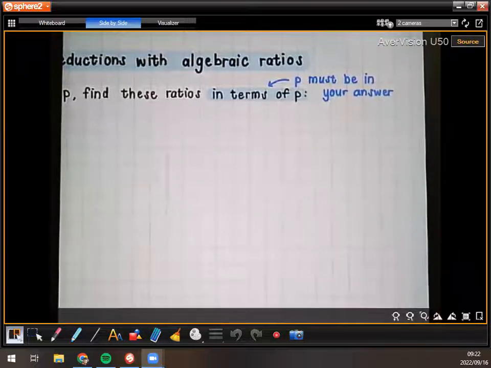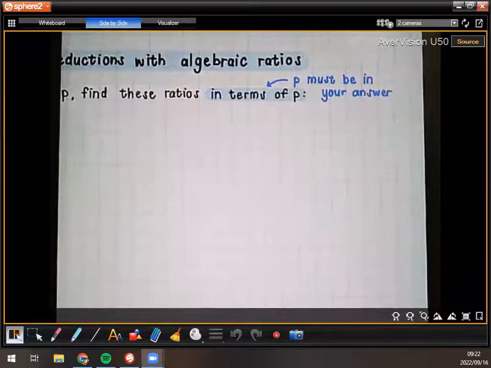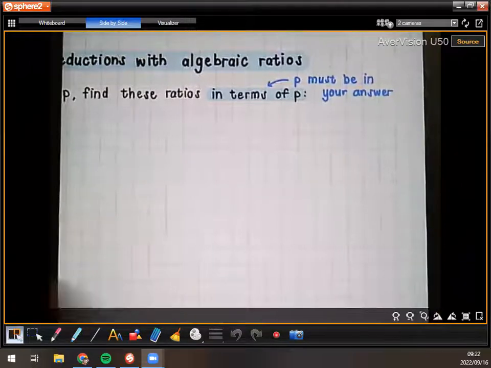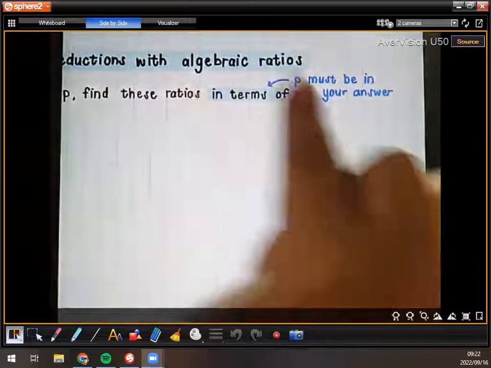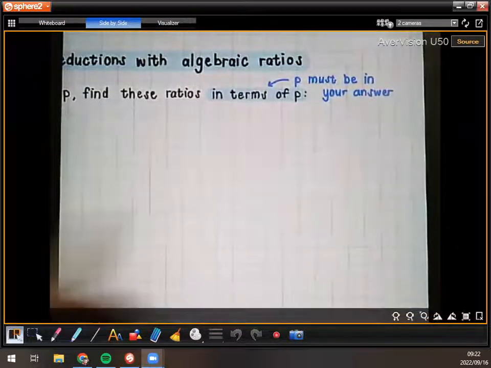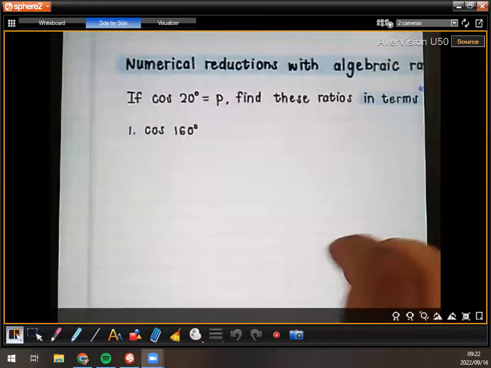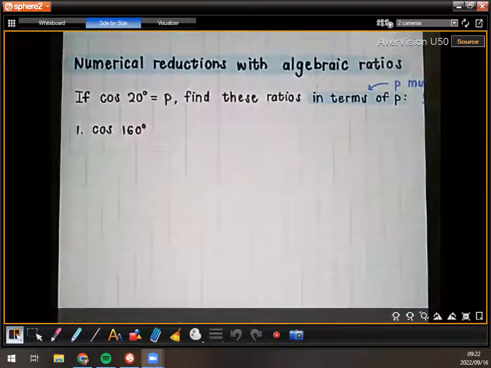So guys, what this also means is because it says that it must be in terms of P, that P must be in your answer. That means that you're not going to be able to use a calculator for this. Right? So what I've seen very often in the past is that people just kind of ignore this instruction. They say, oh nice, I'm going to take my calculator, I'm going to type in cos 20. That's going to give me a number.